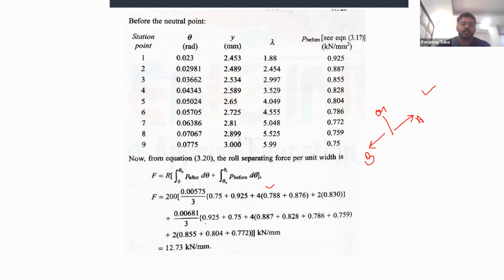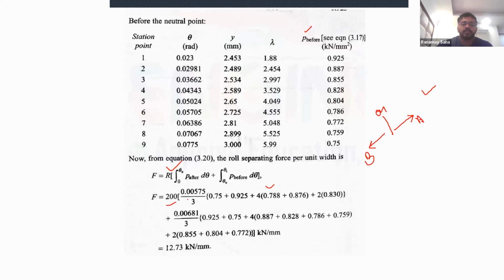Now you just integrate. You do not literally integrate; you have found out your p values using the formulas, all the p values. The roll radius is constant, right? So you take R outside.